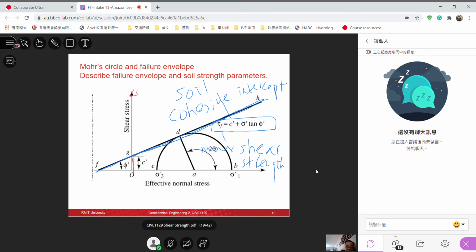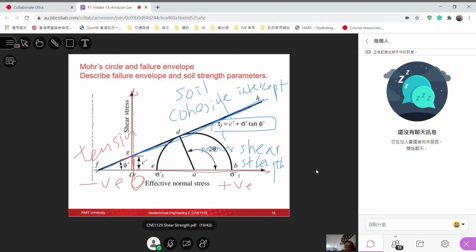Here is the shear stress versus normal stress. Now zero is here, the origin is in here. So here we just extend to the negative side. Here is the positive normal stress. Here is the negative normal stress. Tension, that means here is tension.